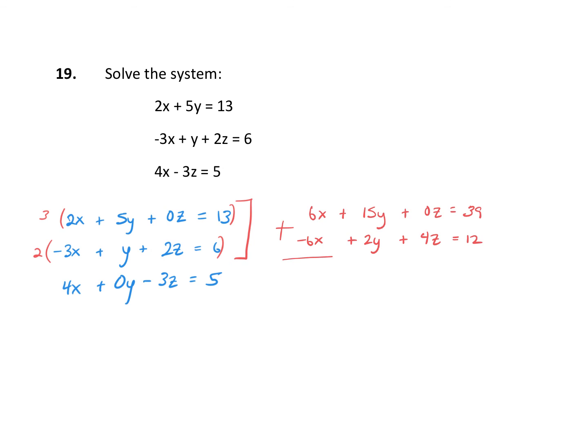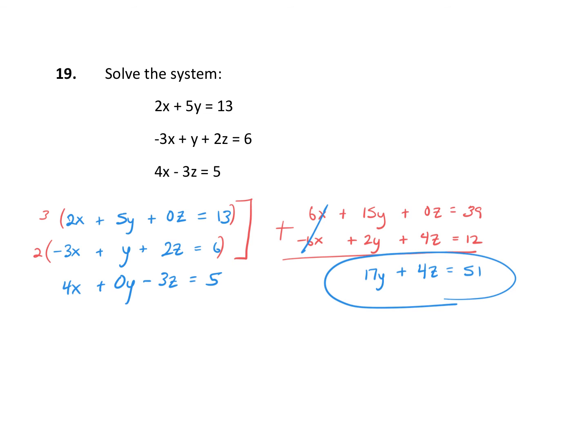We're going to add these 2 equations together. When we add these together, our x's eliminate as we had intended. We have 15y plus 2y is 17y plus 0z plus 4z is still just a 4z. And then 39 plus 12 is 51. We're going to circle that equation because we're going to come back to it.